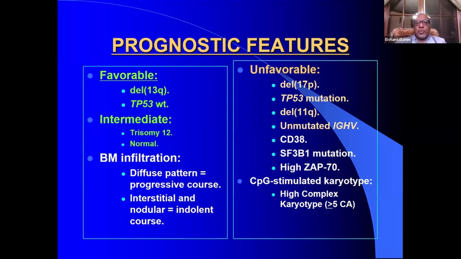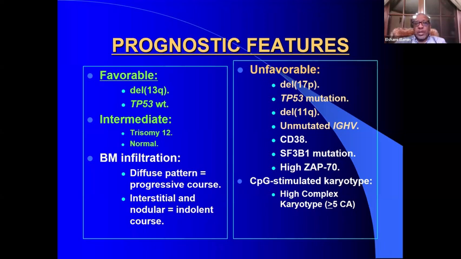These are the unfavorable. So the bad ones are deletion 17p, of course, along with the TP53. So if you find deletion 17p by chromosomal analysis or FISH analysis, that's enough. But if not, then you may check at a molecular level, and you may find the TP53 mutation or deletion 11q, and that is equivalent to the ATM gene mutation.